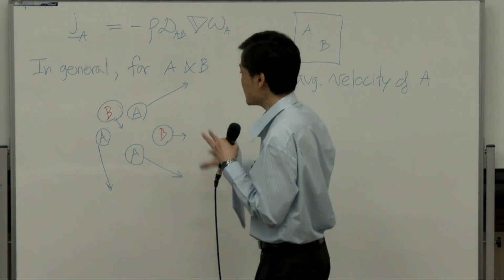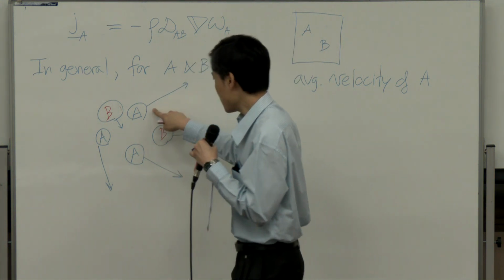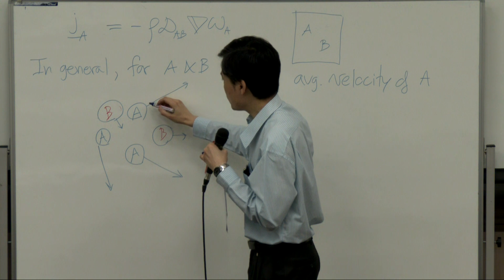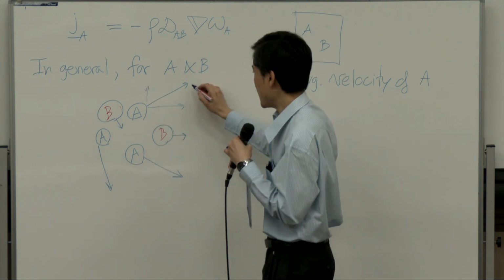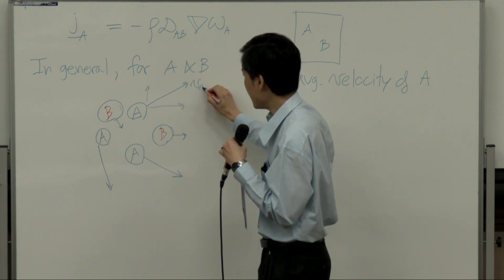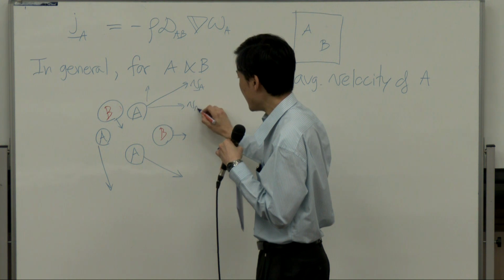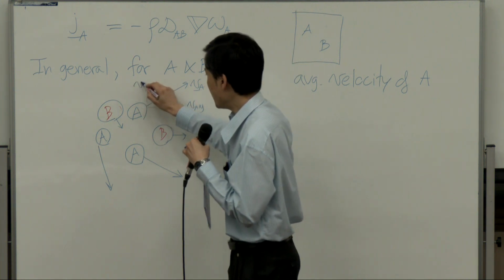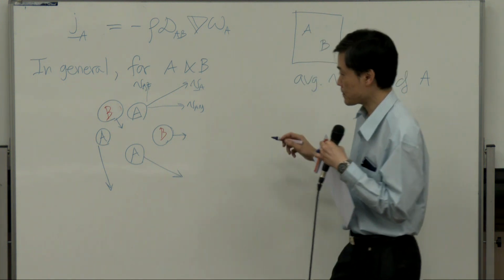Just to make it easier, if you take this vector and expand it into the z-axis, y-axis, and x-axis, let's say this one is VA, the vector. I can expand it into VA in y direction, VA in z direction, and x direction respectively.